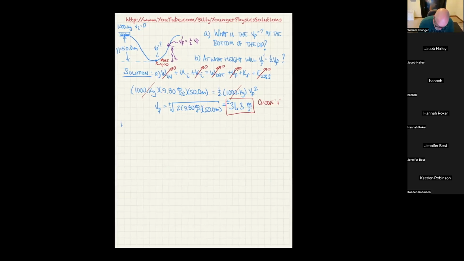So for part B, what we want is the car to be up at that little purple arrow. Okay, we're still going to have a lot of the same issues. So our work in plus U initial plus kinetic energy initial equals work out plus U final plus kinetic energy final plus E loss.